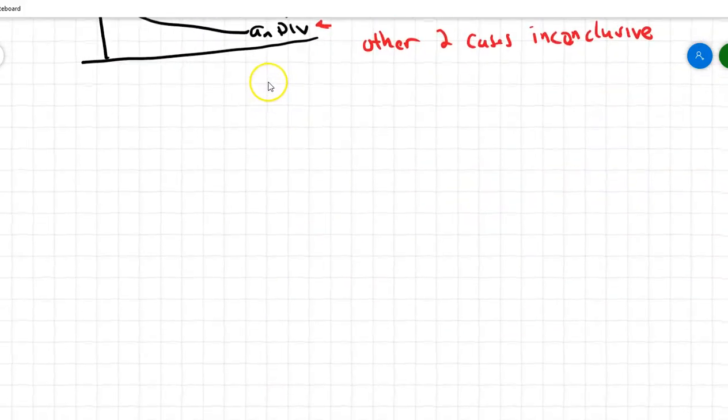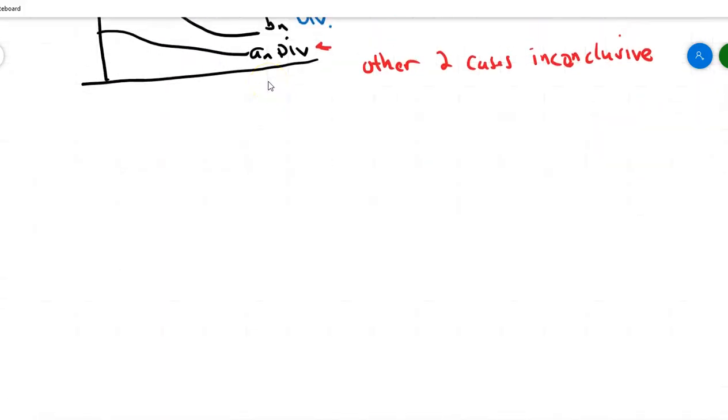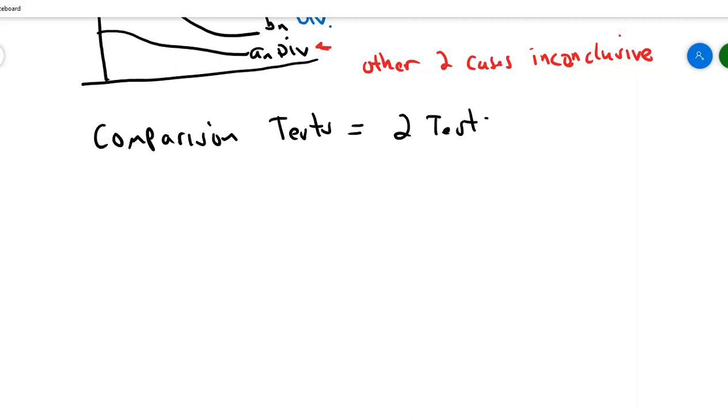So these comparison tests are going to involve two parts. You can't do a comparison test just with one piece. These comparison tests mean that you're going to have to perform two tests. For example, suppose I want to find the sum from n equals 1 to infinity of 1 over 2 plus 3 to the n.